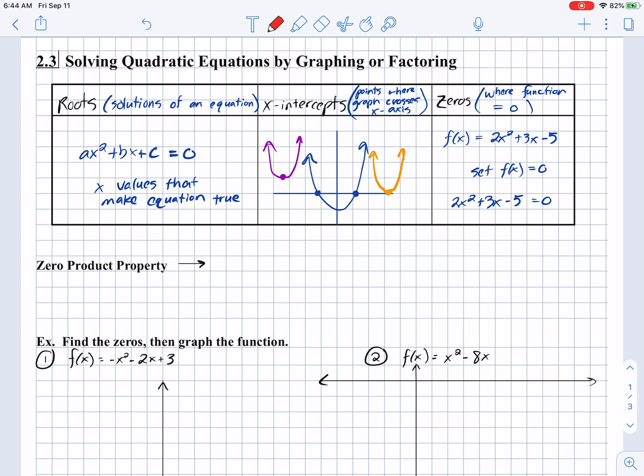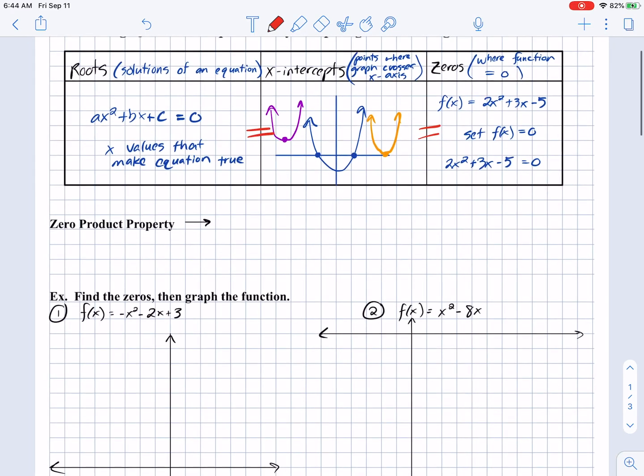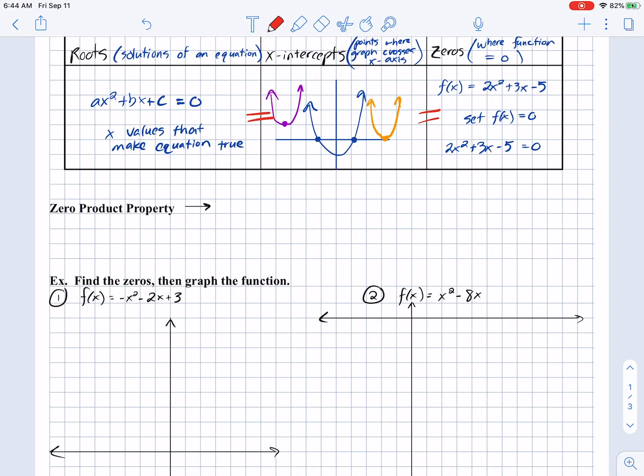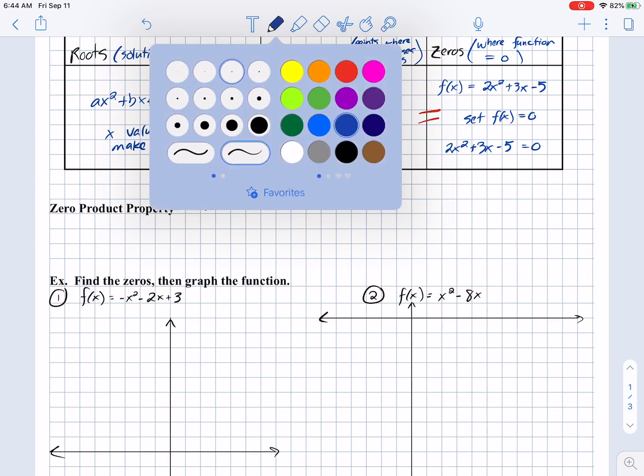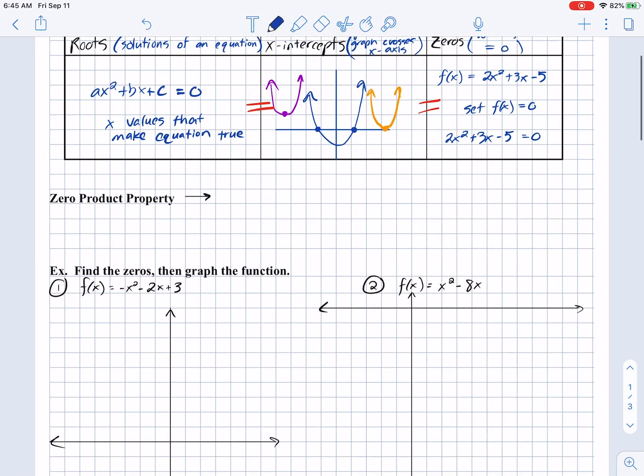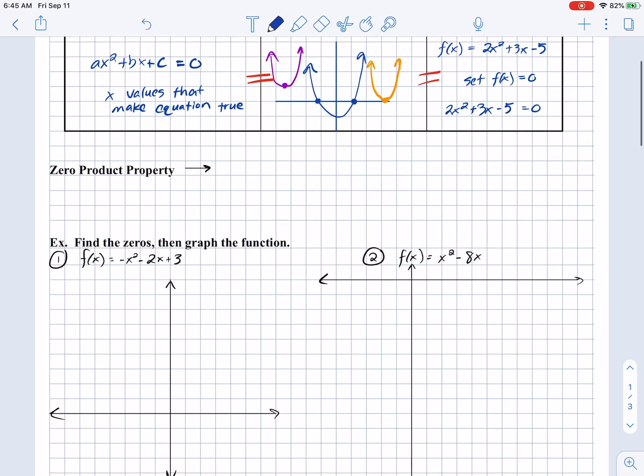Really what I want you to understand is that the x-intercepts, zeros, and roots, they're all asking you to solve for the same thing. You're solving for the x's of a function. Okay. One important piece that we're going to use when we're solving for any of these is after we factor, we're going to use something called the zero product property.